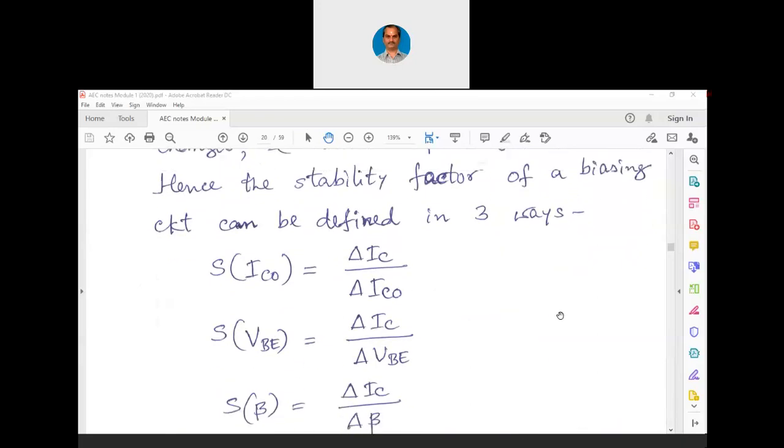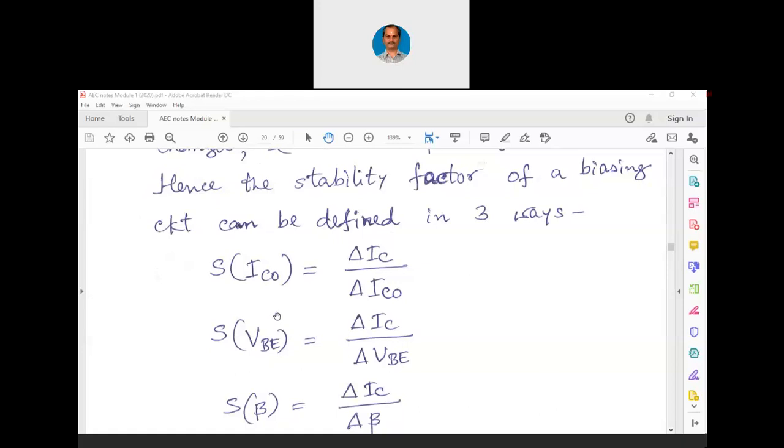Now, as there are these three things which are subjected to change with the temperature, we can say that stability with respect to ICO, that we call it as S of ICO. We call it as delta IC by delta ICO. That means the rate of change of the collector current with respect to the rate of change in the reverse saturation current.